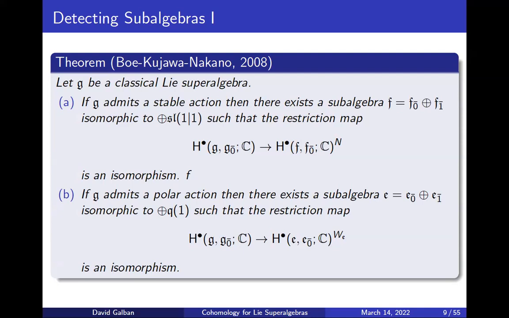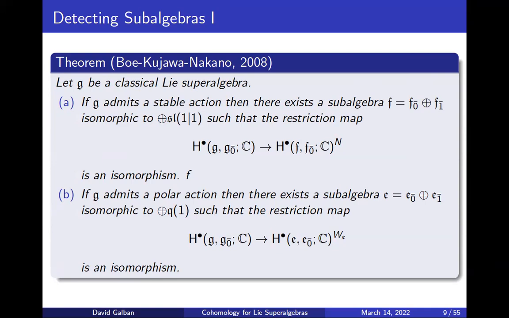And what's going to happen with this particular subalgebra is that if I look at the relative cohomology of (G, G0), this is going to be isomorphic to the cohomology for this, in general much smaller, subalgebra (F, F0), as long as we're looking at the fixed points under this reductive group N, which is dependent on what F is.